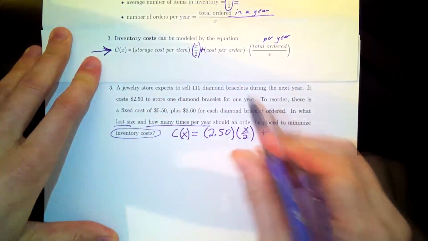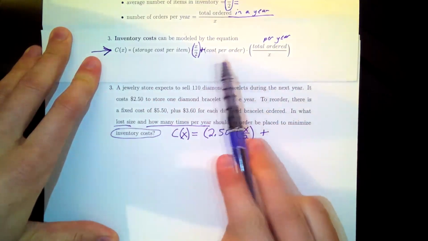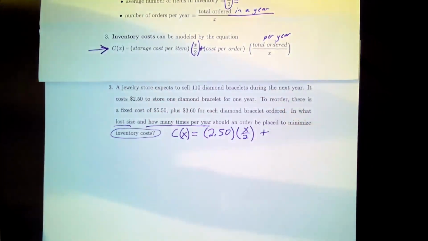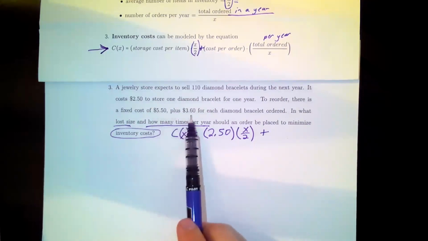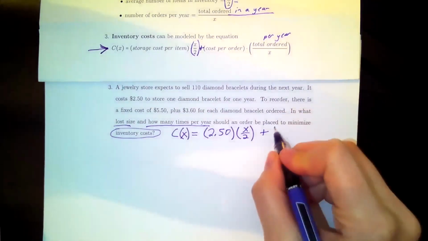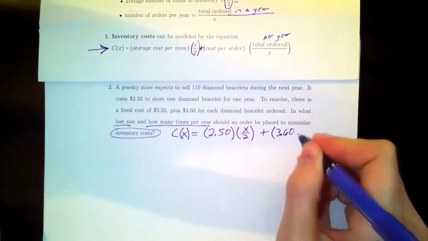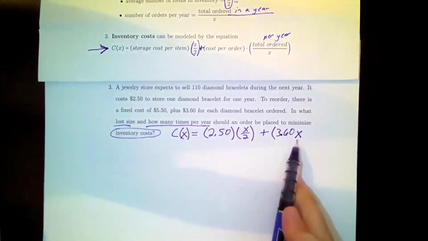Now we scooch over to the rest of the problem. We have plus the cost per order. So how much does it say it costs to order my bracelets? It says that there's a fixed cost of $550 plus $3.60 for each bracelet. So I'm going to have $3.60 charged for each bracelet in that lot size that I order.